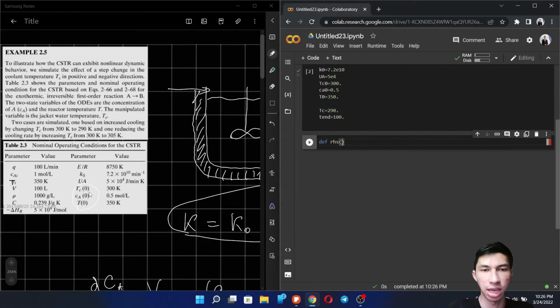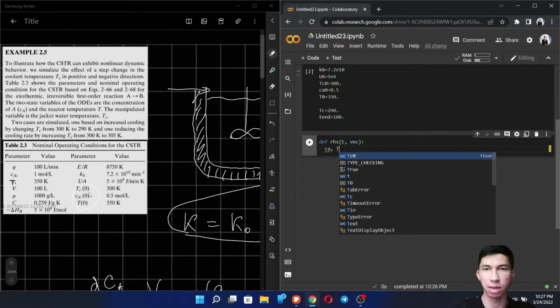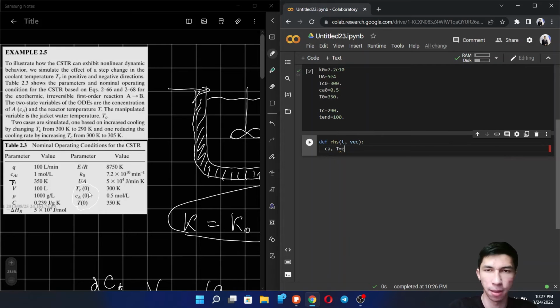Our right-hand side function usually takes the time, the independent variable, and it should get a vector. So we're going to unpack our vectors as our concentration of A and T, because they are the two values that we have in our ordinary equations.